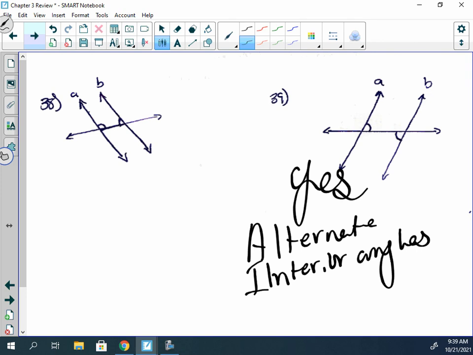Because we could actually say by the alternate interior angles converse. Because if given two lines cut by a transversal and the alternate interior angles are congruent, then the two lines are parallel.